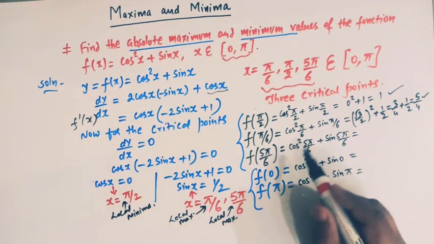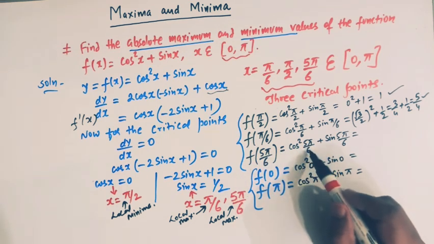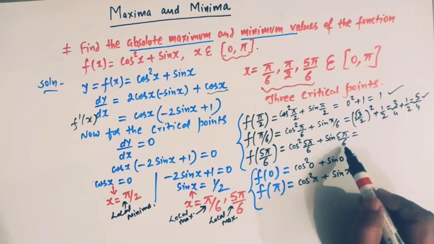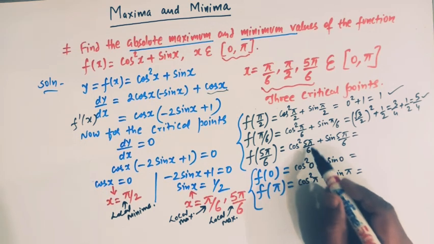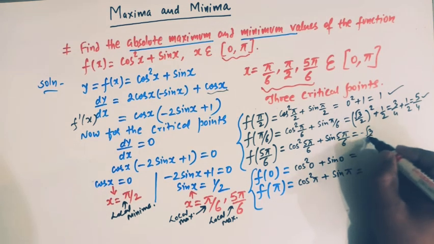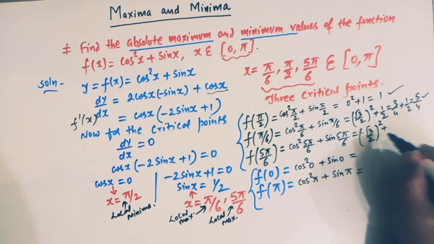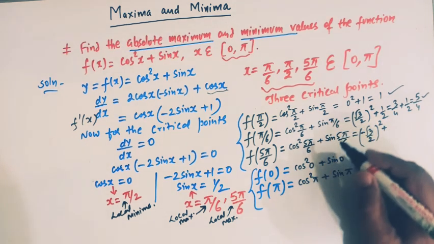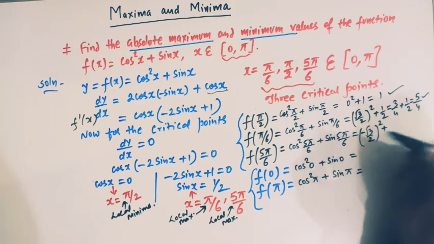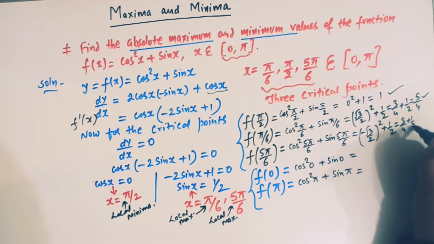Now f of 5 pi by 6 is equal to cos square 5 pi by 6 plus sin 5 pi by 6. The value of cos 5 pi by 6 is minus root 3 over 2, and we have the square, plus sin 5 pi by 6, which is equal to sin pi by 6, that is half. So this is 3 by 4 plus half, that is 5 by 4, right?